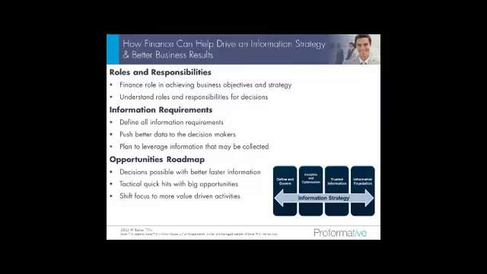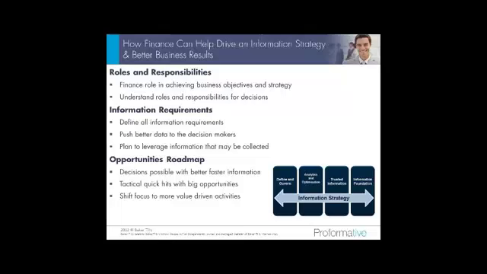These decisions, better decisions, are possible with better, faster information, but you do need that roadmap which outlines some tactical quick-hit wins to build momentum around how information can be better leveraged to improve the financial health of the business. But keep in mind the big opportunities and the big strategic objectives of where you need to start focusing as well.